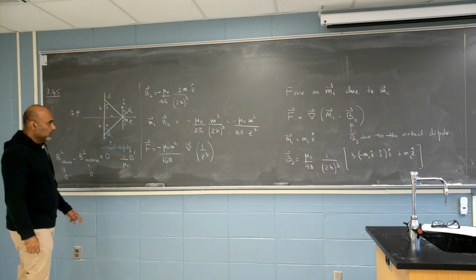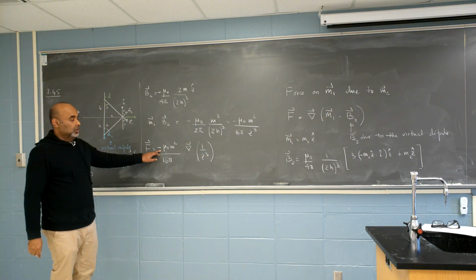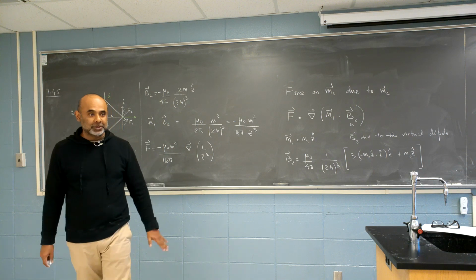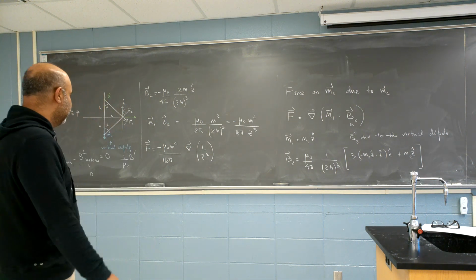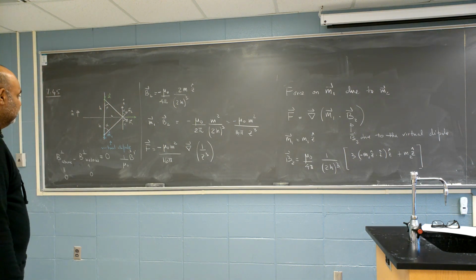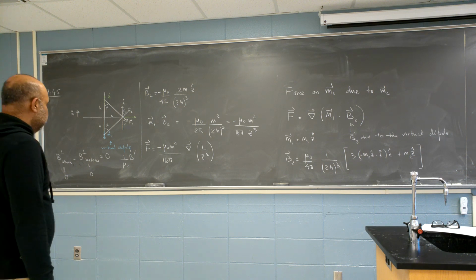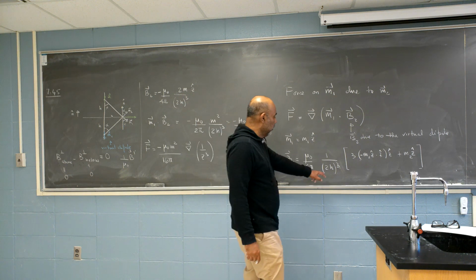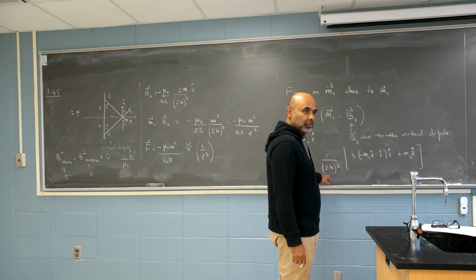I was getting worried about this negative sign here, but thankfully the gradient of z cubed, 1 over z cubed, makes it positive. Good. The magnet floats. I'll tell you the cheat. I replaced 1 over r cubed by 2h cubed.